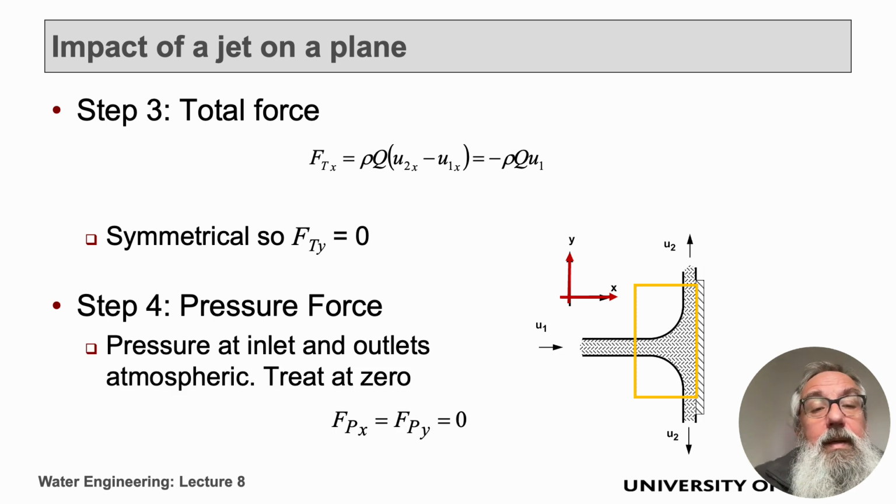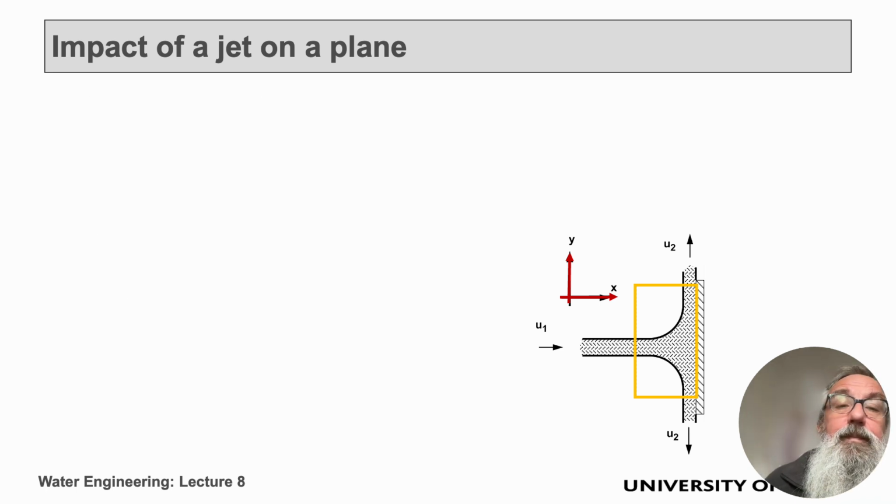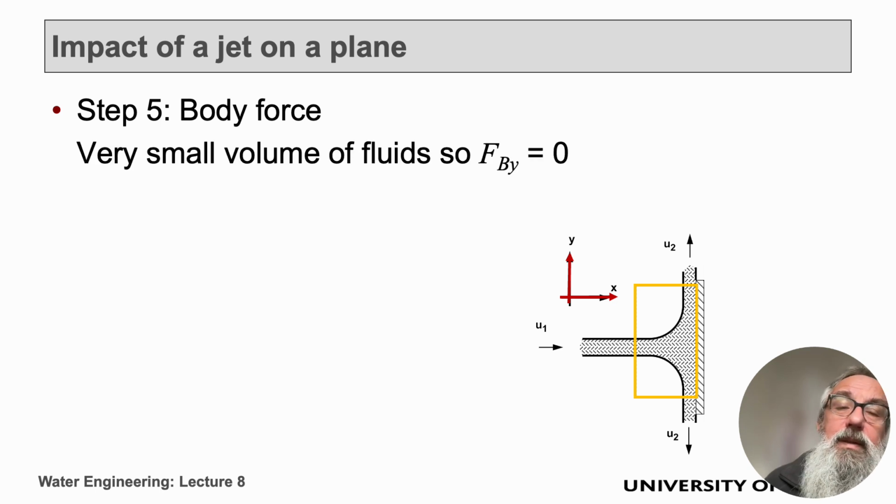Pressure force is the pressure at the inlet and outlets. Taking atmospheric as 0, the pressure forces are going to be 0. The body force: let's say this is quite a small volume of fluid, so we're going to take the body force due to gravity, the weight of that fluid in a small volume, as negligible, effectively almost equal to 0.